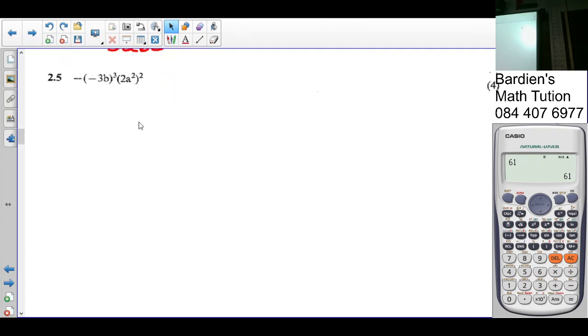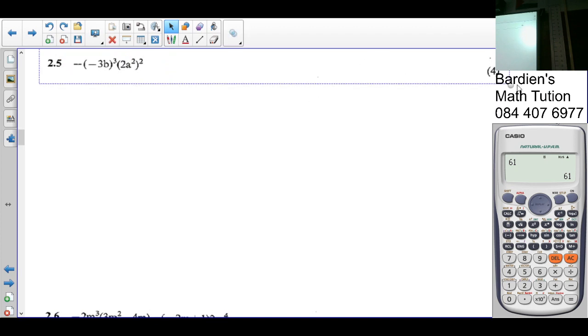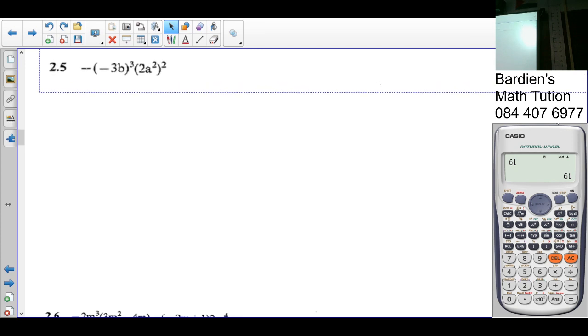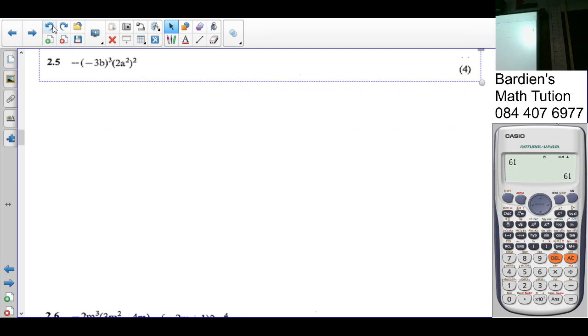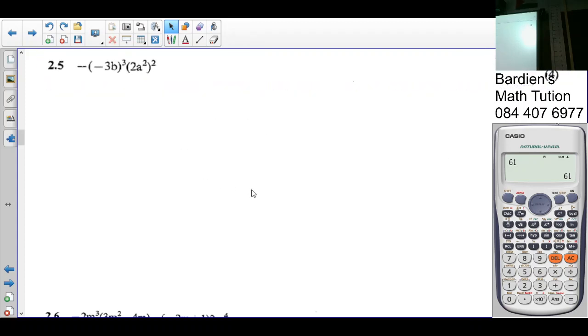Right, let's look at 2.5. What needs to be done first? The brackets, the exponents need to be sorted out first. So that negative stays negative on the outside. What's negative to the exponent 3? Negative. What is negative to the exponent 105?